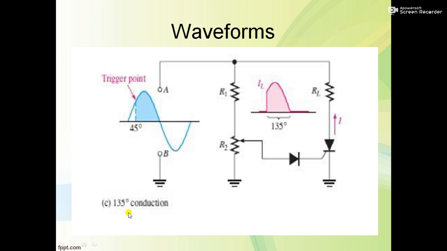One more conduction. If I consider a 135-degree phase shift, I want only a 135-degree portion of the output signal at the output stage, and I want to control the remaining 45 degrees. After the first 45 degrees, the remaining part is 135 degrees.